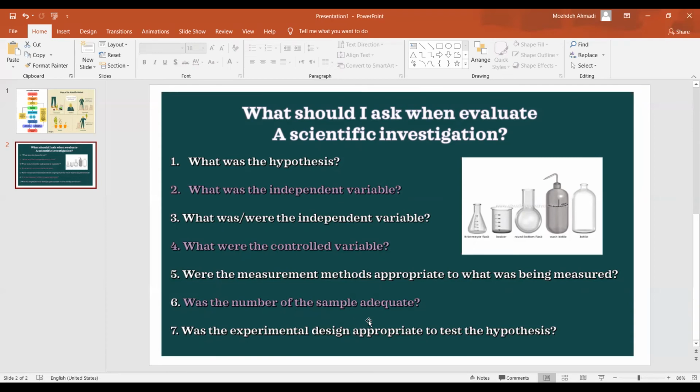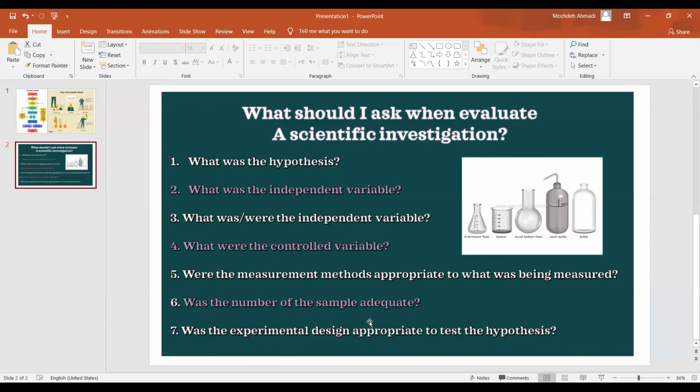For example, you cannot choose only 10 people from one ethnic group and one part of the country to experiment that drug, and then if you get the result and the result was kind of good, you use it for every people from different ethnic groups.